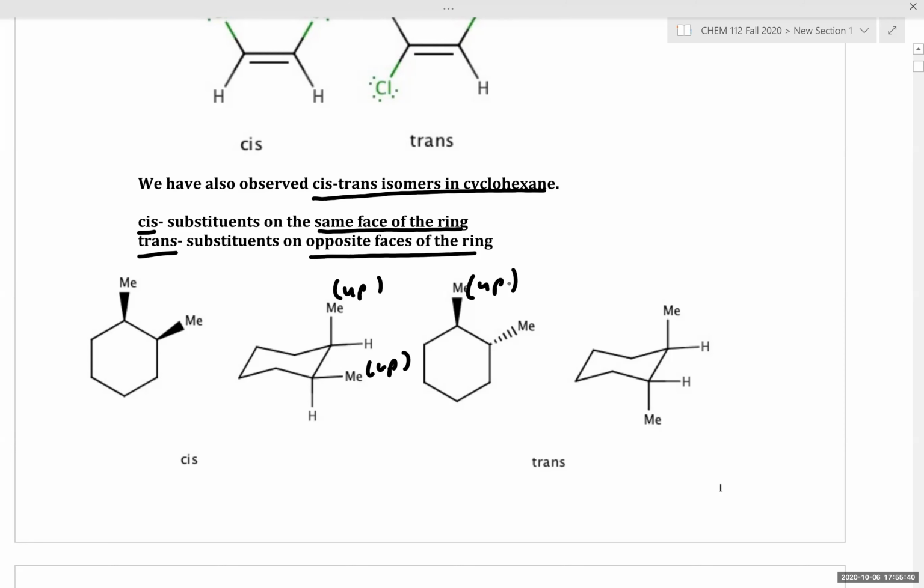They have the opposite stereochemistry. So we've seen stereoisomers already in the previous chapters and even as recently as chapter 4. We have the same connectivity of atoms, but a different three-dimensional shape.